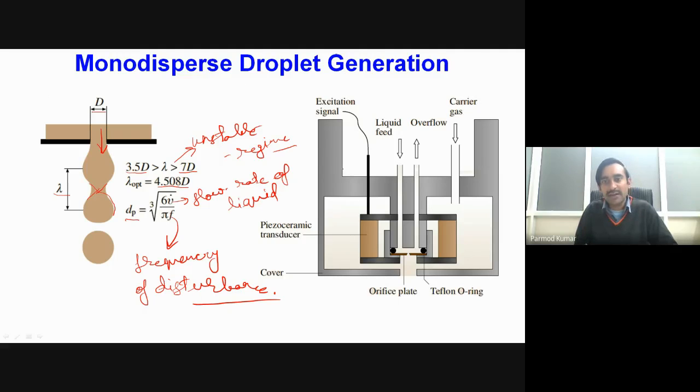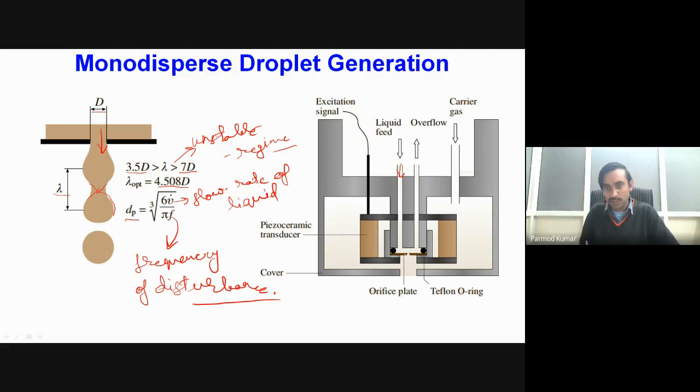Over here we have included one mechanical arrangement which may be employed for generation of droplets using this principle. You can see that we have an inlet through which we allow the liquid to flow.